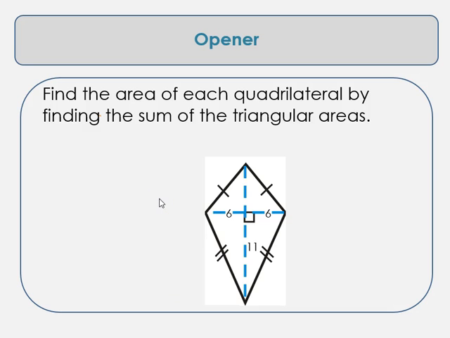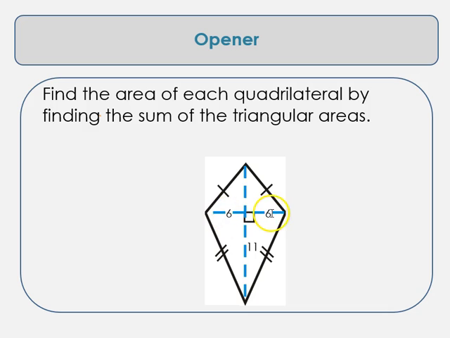Find the area of each quadrilateral by finding the sum of the triangular areas. This is a kite. One of the properties of the kite is that the diagonals form 90-degree angles, that the crossbar is divided in half, so it's bisected by the other diagonal.